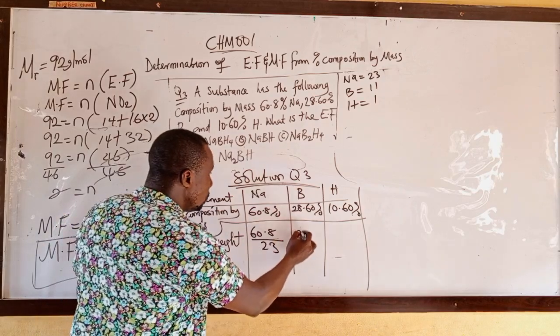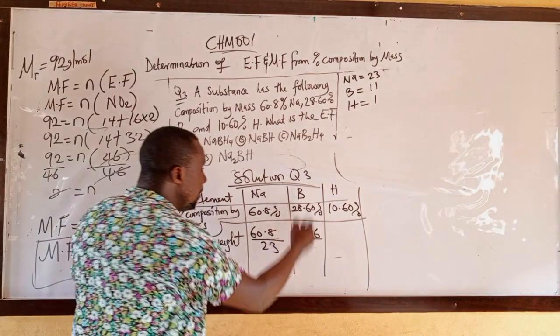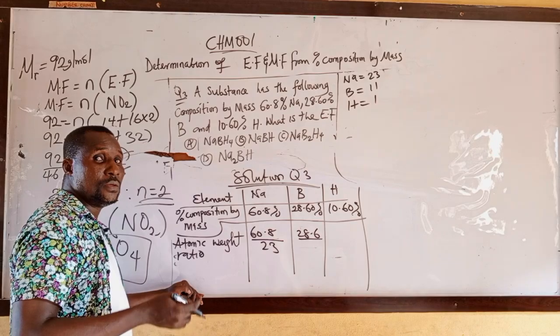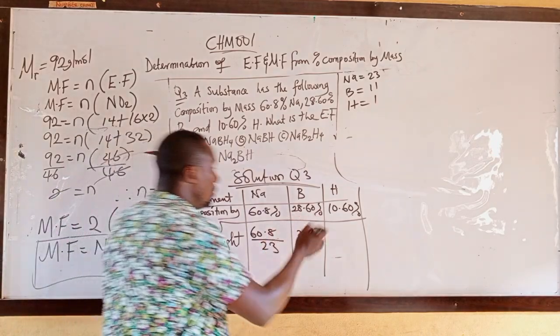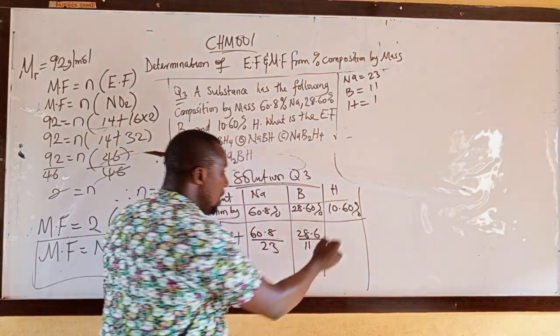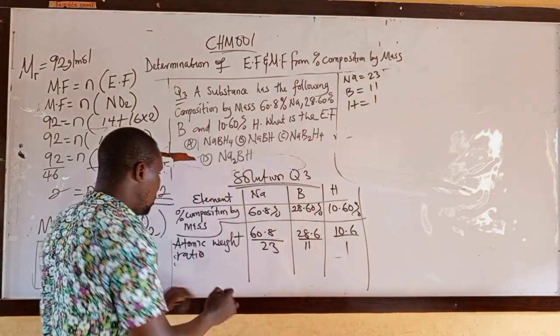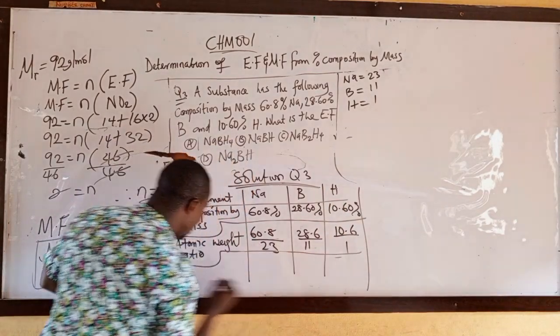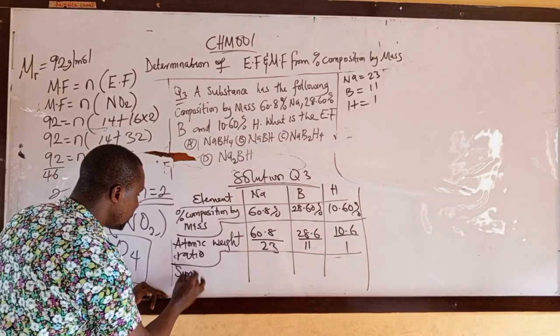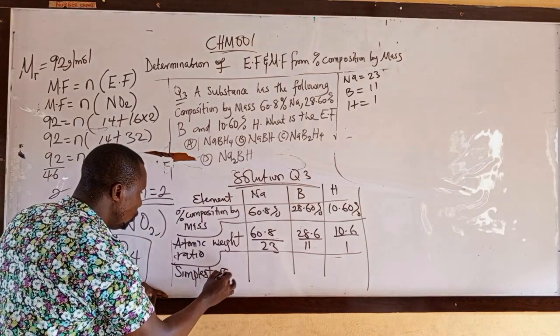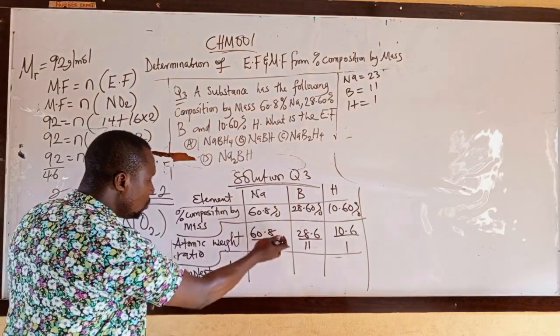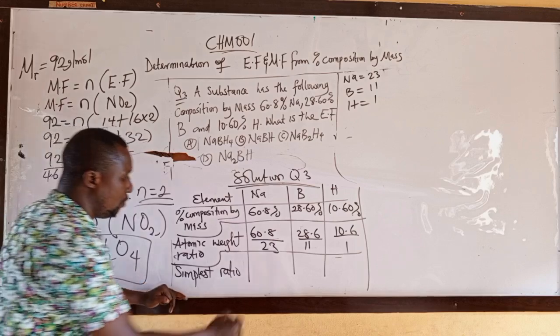Boron, 28.6 divided by atomic weight, which is mass number, 11. Then 10.6, hydrogen is what? 1. Then from here, we have the simplest ratio. This one divided by 23 will give you what?